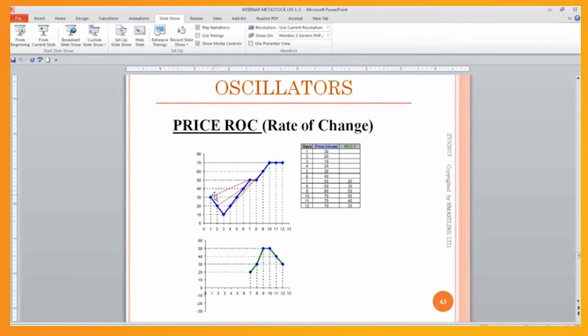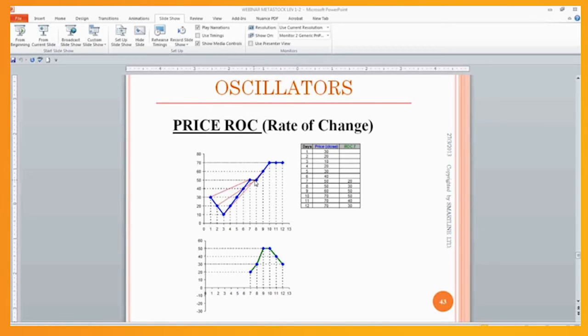That means this is the 7th day. We go back 1, 2, 3, 4, 5, 6 days. And then we make this calculation and we say 50 minus 30. So then we have a result of 20.